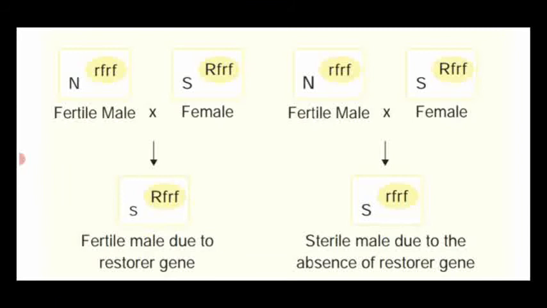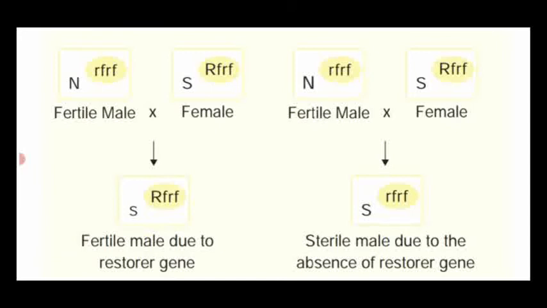But in the first one, they have the restorer of fertility gene, which is expressed in the F1 generation in the sterile cytoplasm. So they are named fertile male. That means the male plant is able to produce pollen grains. That is said to be fertile male.